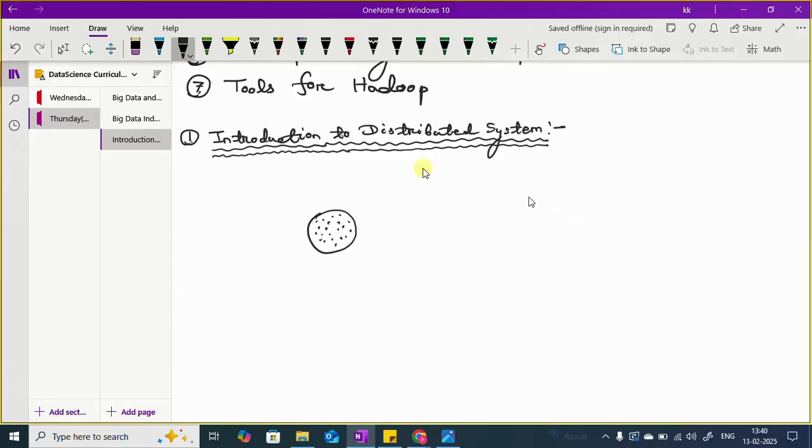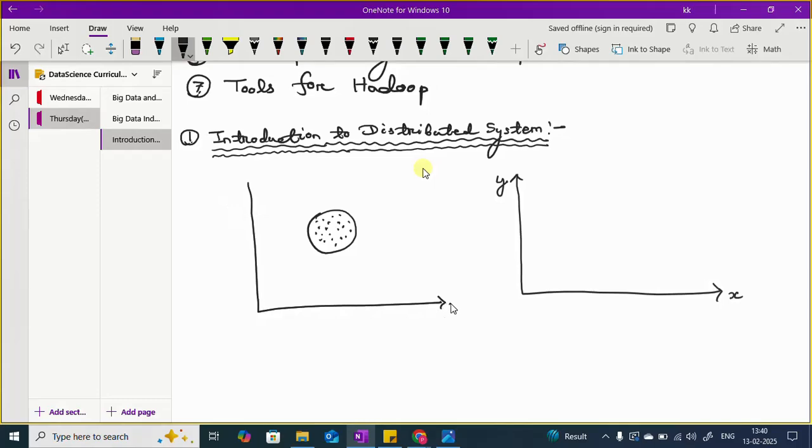But let's say I'm drawing my 2D axis. This is my x-axis and this is my y-axis. Fine. Here, what happens?